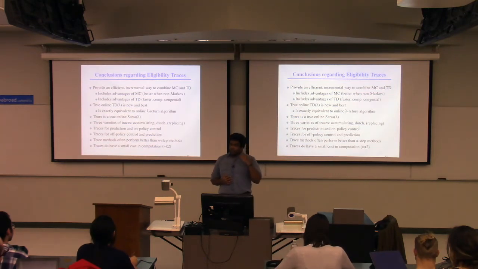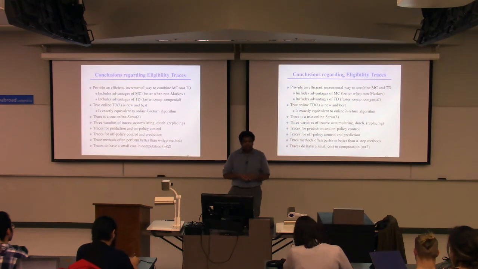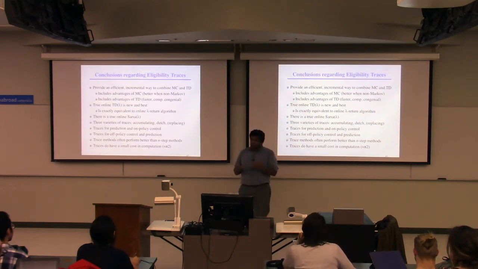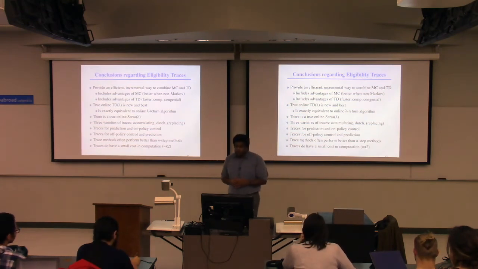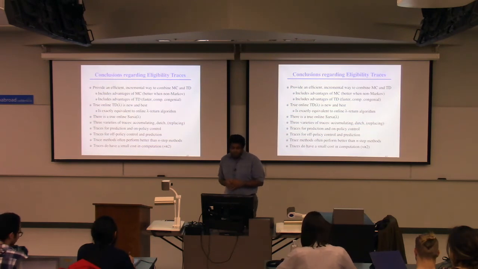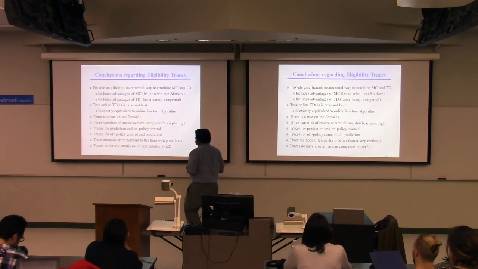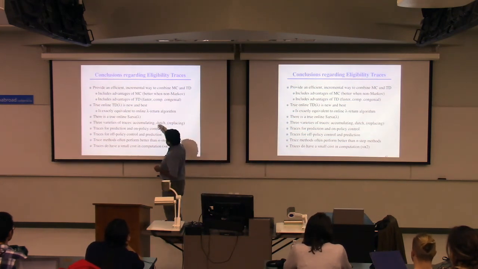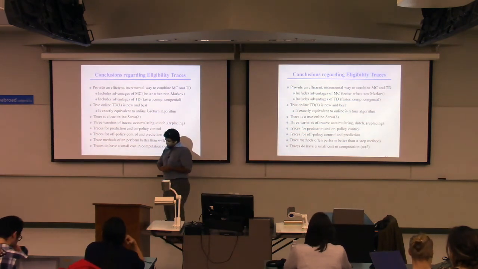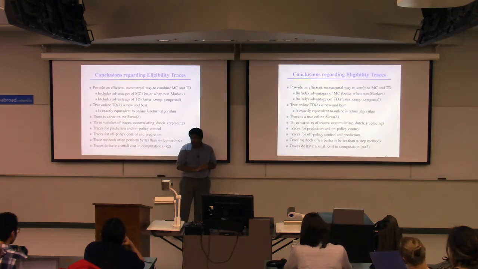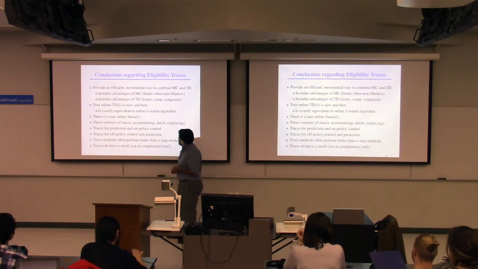We have a proposal for a new and best algorithm. So the thing that you would use by default is a true online TD lambda. And it has this exact equivalence to an online lambda return. And this leads directly to a true online Sarsa lambda.